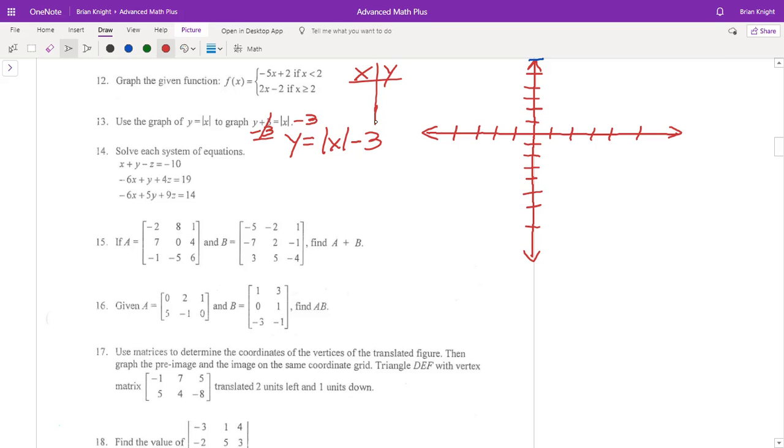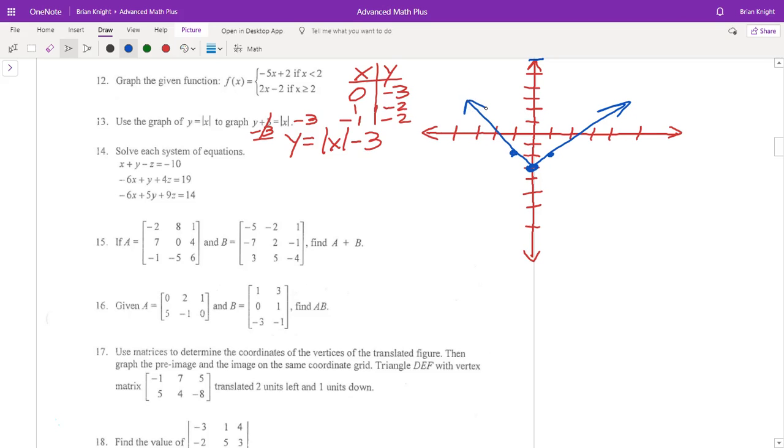If you forgot how to find the vertex, you try to make the inside the absolute value 0. So in this case, it's just 0. And if you plug in 0, you get -3. I'll just do 1 and -1. That will give you -2 and -2. And you graph it. So we got 0, -3, 1, -2, -1, -2. Draw your V. Okay.